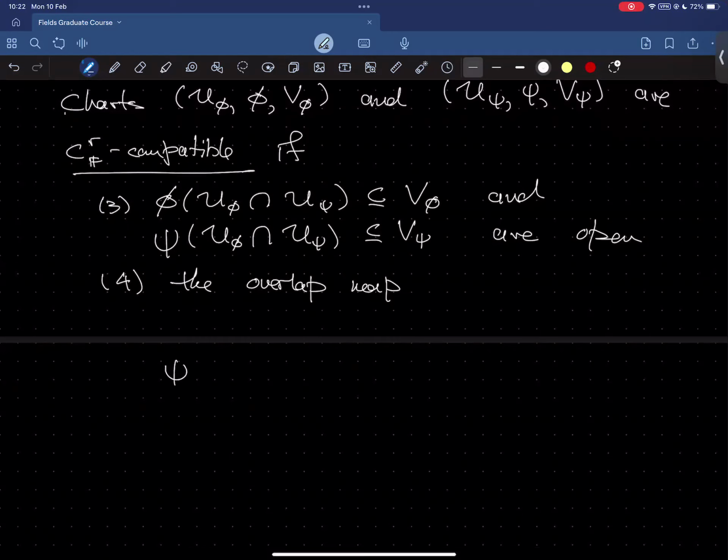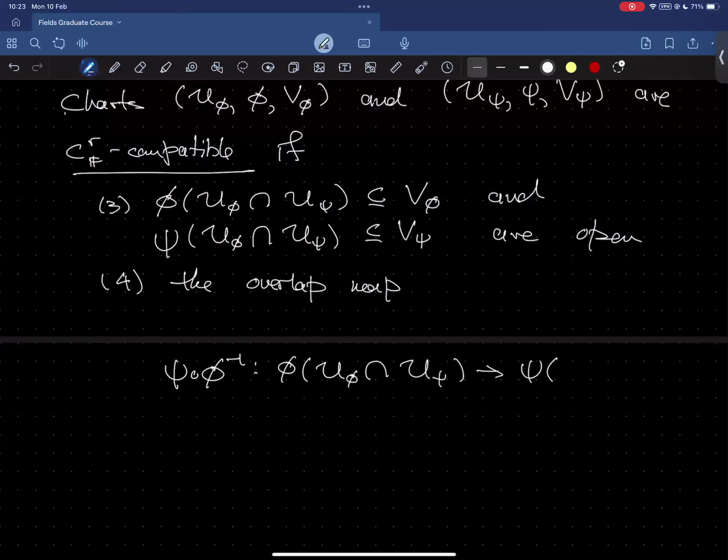So the overlap map is ψ composed with φ inverse. This is a map from φ(U_φ ∩ U_ψ) into ψ(U_φ ∩ U_ψ).